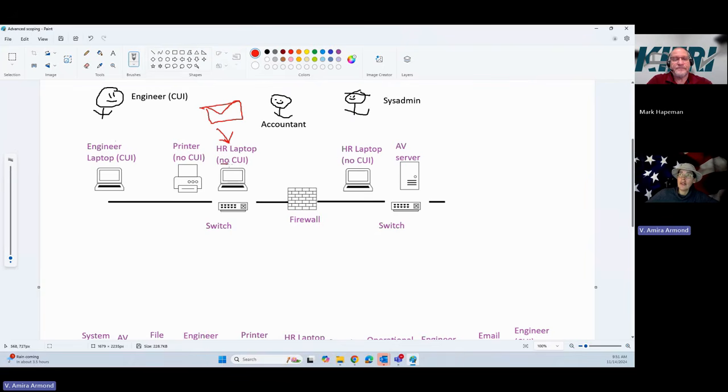So this is supposed to be a no CUI zone, but the customer just emailed us CUI, and now this computer is infected with CUI. Okay. A reasonable assessor is not going to immediately hear that and go, okay, well, it's a CUI asset, I'm going to assess everything. What they're going to do is they're going to say, well, what do you do when they email you CUI? When this thing gets CUI on it, what do you do? Do you leave it there?